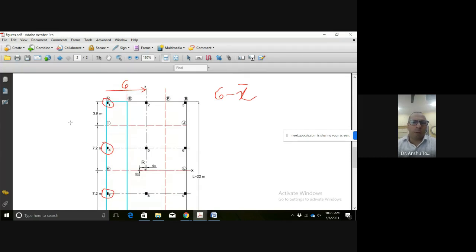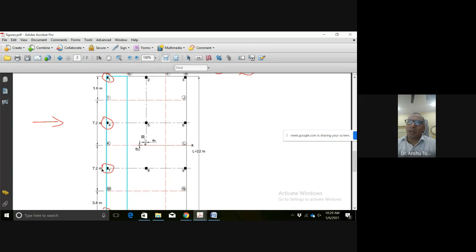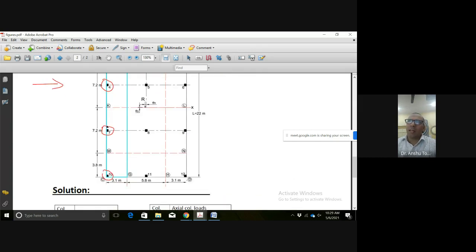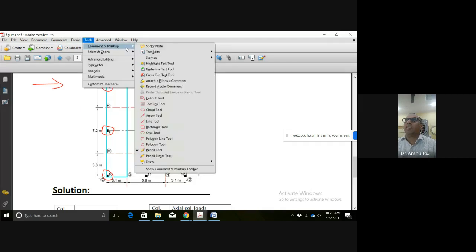These are the 4 columns which are acting on this particular strip. If we see this strip from the side where we have made the arrow, you can see there are 4 columns acting downward at distances from here to here. It is going to be 3.6 plus 3.8, that is 7.4. Then the next one is 7.2, then again 7.4. So we have got these distances.